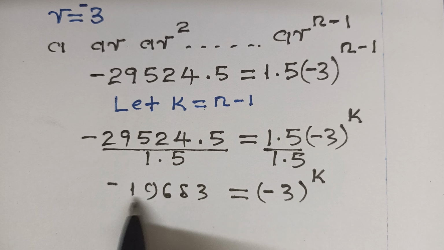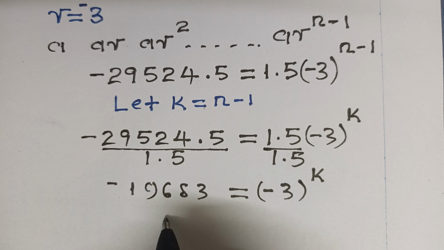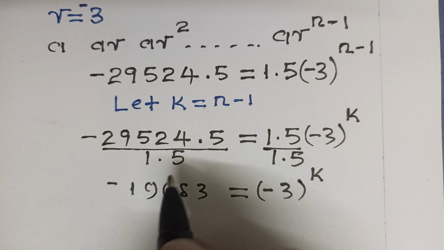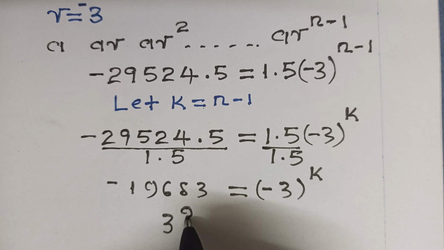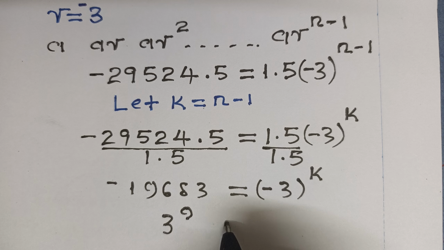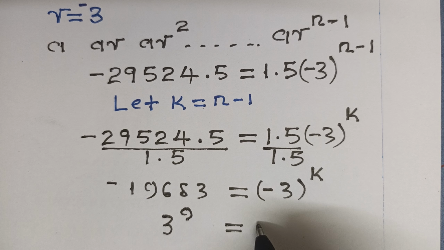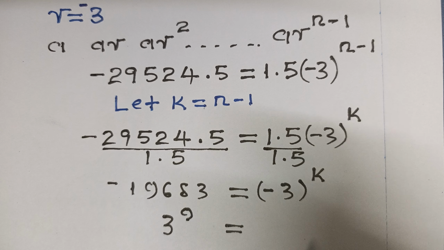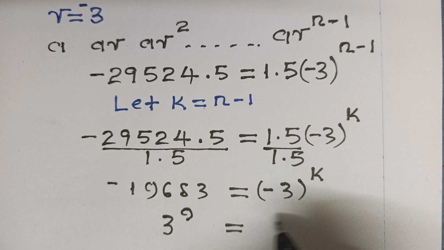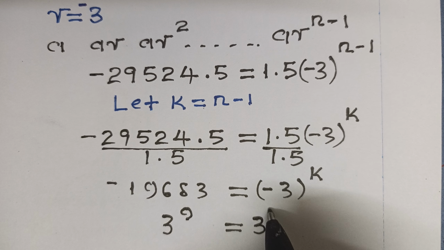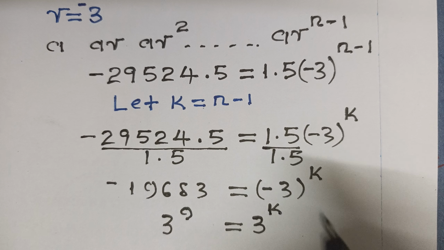Because this is supposed to be 3 raised to 9, then for this other side, as I said, we can disregard the negative, which will not affect us at this moment when we are finding k. So we write 3 and we write k there.